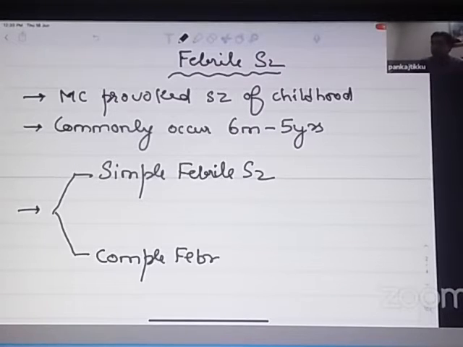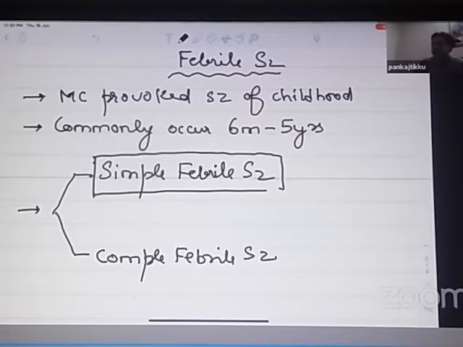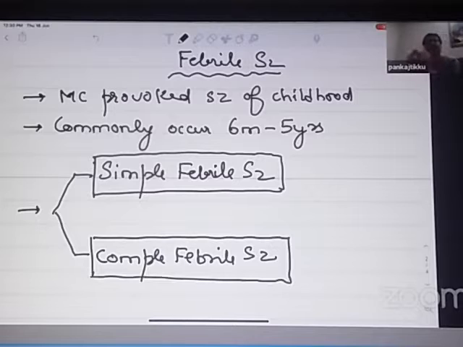The question arises, what is the need for classifying them? Why not say febrile seizures only? The need for classifying them is because complex febrile seizures can later on progress to epilepsies in the future.